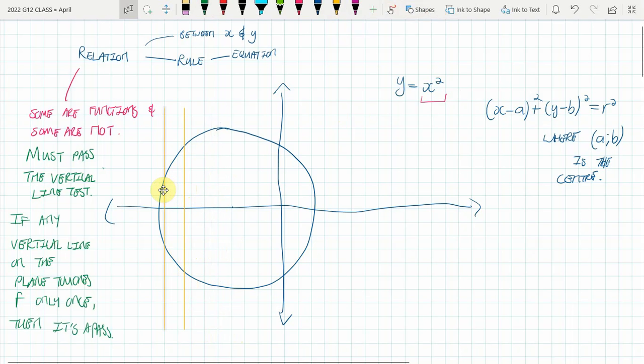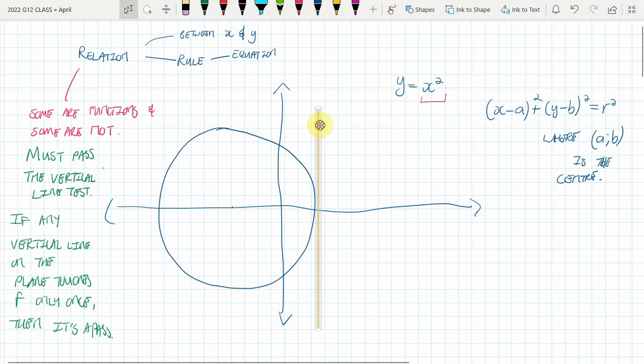If we make it a tangent, then it will touch it only once. But every other vertical line passing through the graph will touch the graph twice. So the circle is not a function, it's just a relation.